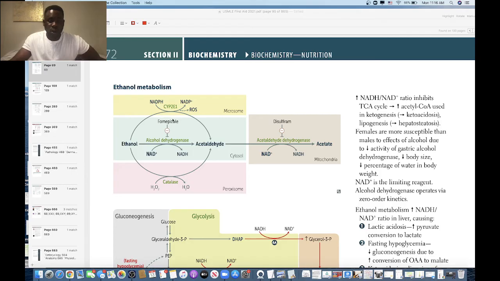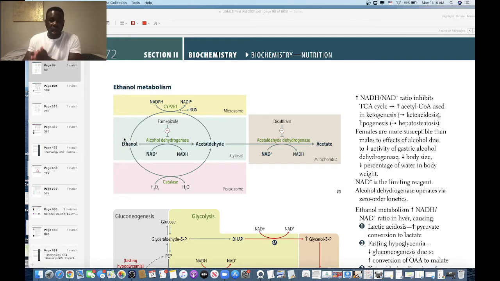So we rather give them ethanol, and then the alcohol dehydrogenase will work on the ethanol instead of working on the methanol, because the end product of the methanol will be more toxic. So it's just like a decoy.